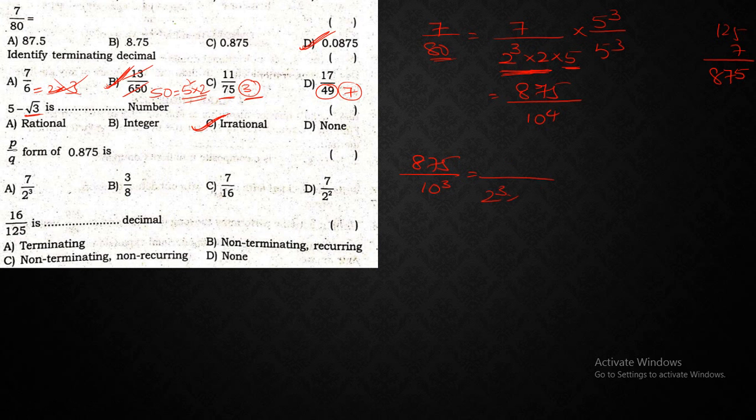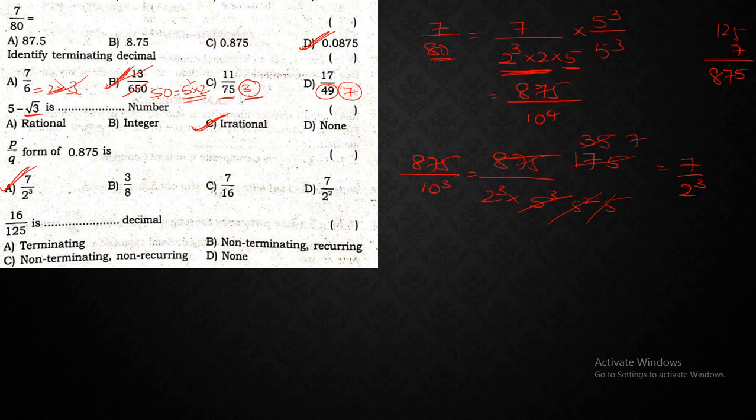This I can write as 2 cube into 5 cube. So this is 875. In the 5 table, 5 ones are 5, so 37, 5 sevens are 35, 25, so 175. So this is 5 square. Again in the 5 table, this goes 5 times, 5 3s are 15, 5 5s are 25 again. So this goes in the 7 table. So what is the answer? 7 by 2 cube. So the answer is 7 by 2 cube.